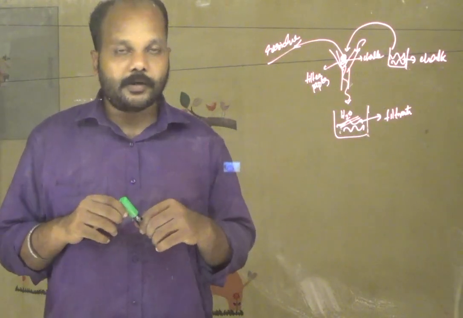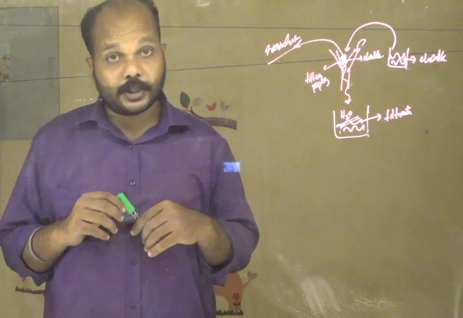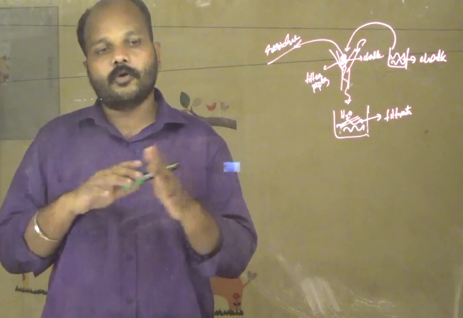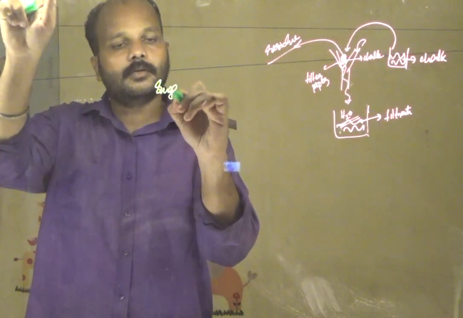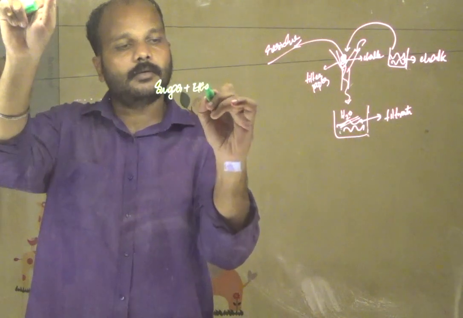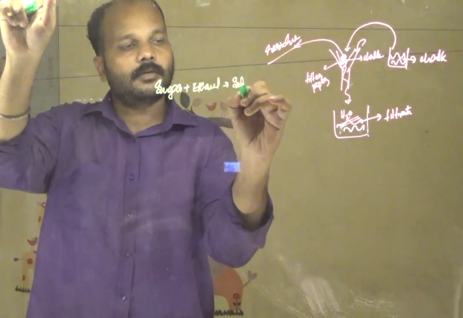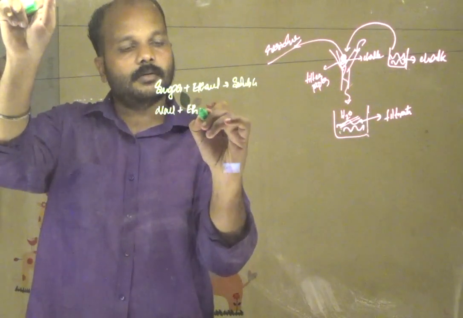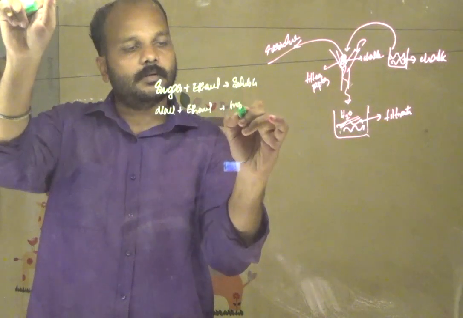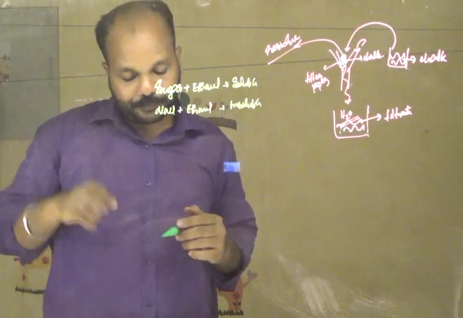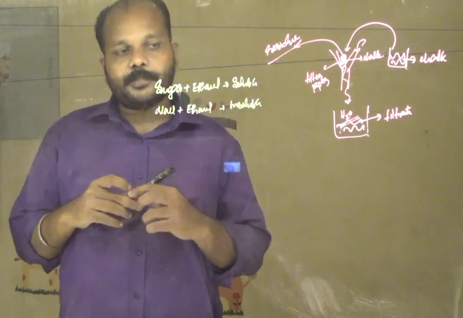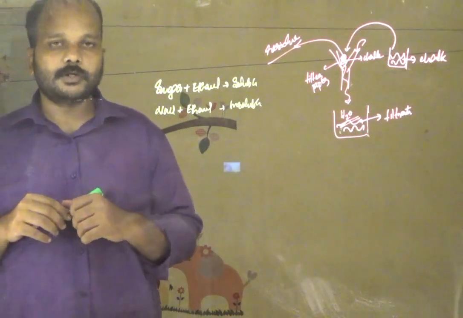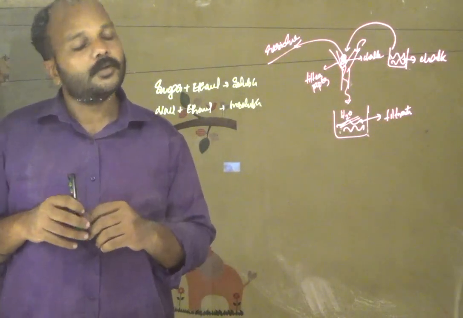You can separate them by pouring ethanol, because sugar is soluble in ethanol, while sodium chloride plus ethanol is insoluble. And the precaution you need to take is that ethanol is an inflammable solvent, so you should be careful while handling it.